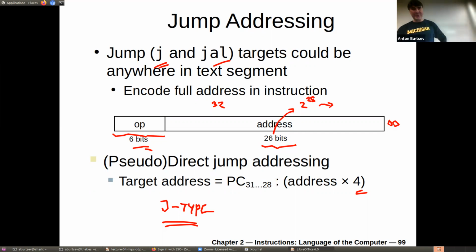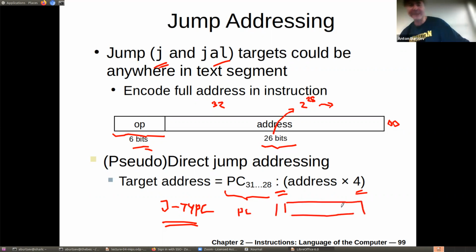And what do they do here with the target address? It's still relative to the PC. This is the trick. They take the upper bits of the program counter, and it's not an OR, I'm sorry. They just take the upper bits of the program counter, and those lower bits come from the address. It's a form which allows you to jump relative to the PC.